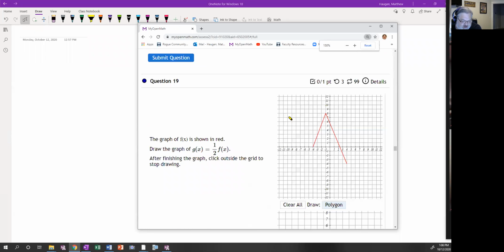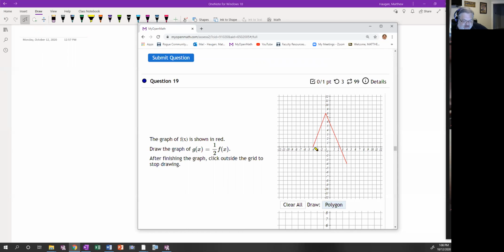The x values of all our coordinates aren't going to change. It's just the y values that are multiplied by 1/2. So this point here at -1/8 is going to become -1/4.